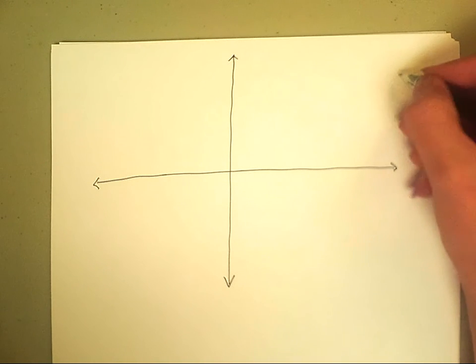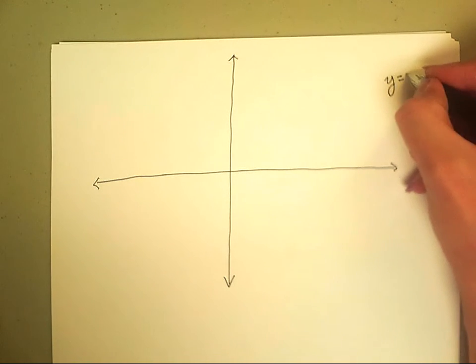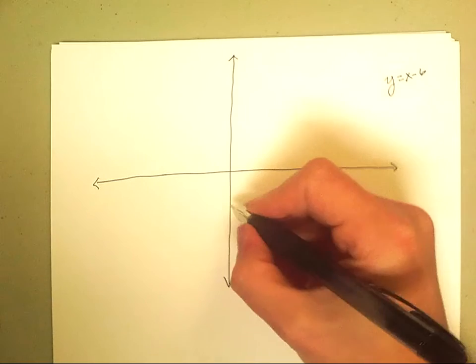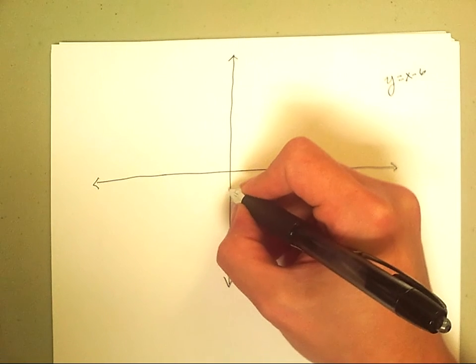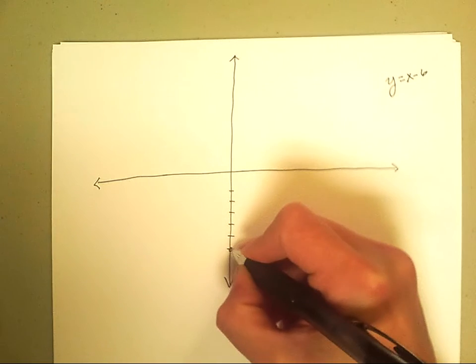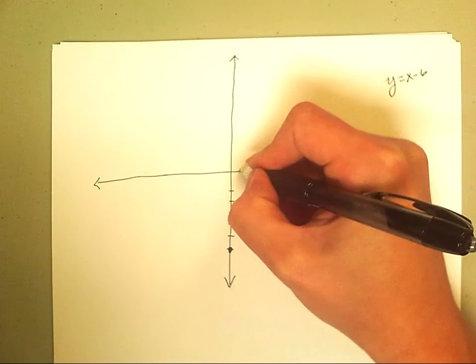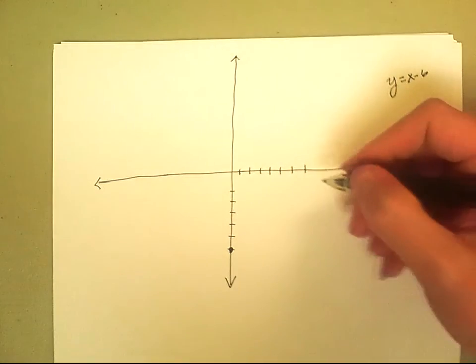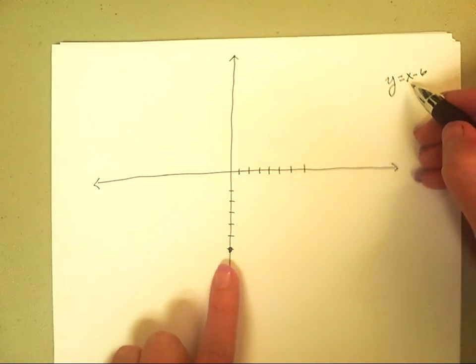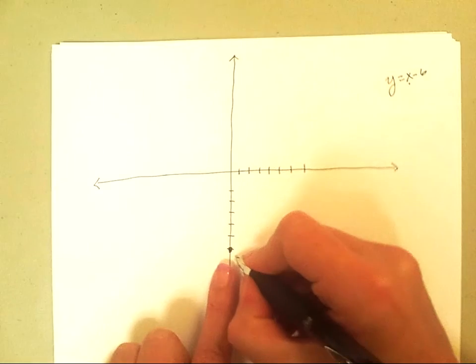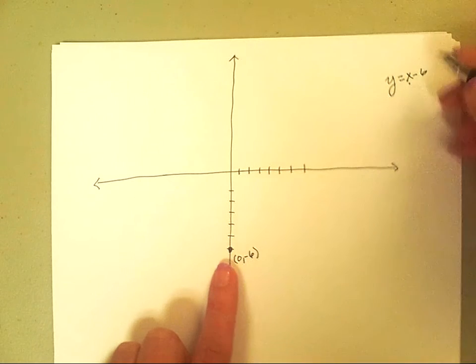Okay, well let's graph our asymptote that is y equals x minus 6. Okay, so we know that this is a line with an increasing slope of 1 that has a y-intercept of 0, negative 6.